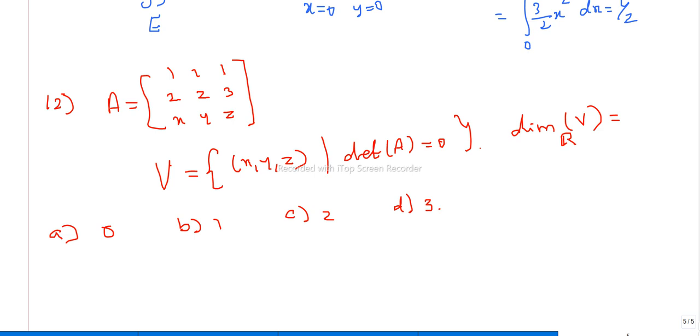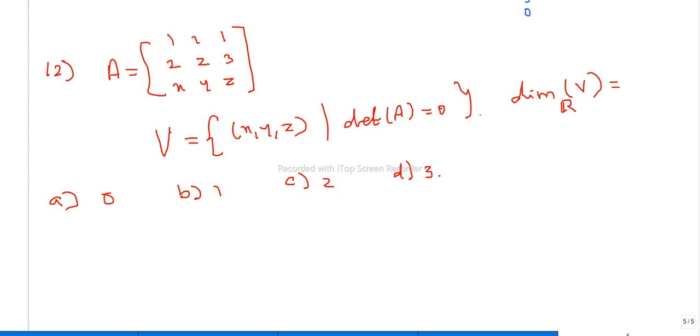So now tell me, there are 3 unknowns in our collection x, y, z. We try to reduce the unknowns using this property. What is the property here? Determinant is 0. So what is the determinant of the matrix A? If you simplify via the first row, 1 into 2z minus 3y, minus 1 into 2z minus 3x, plus 1 into 2y minus 2z, that should be 0.